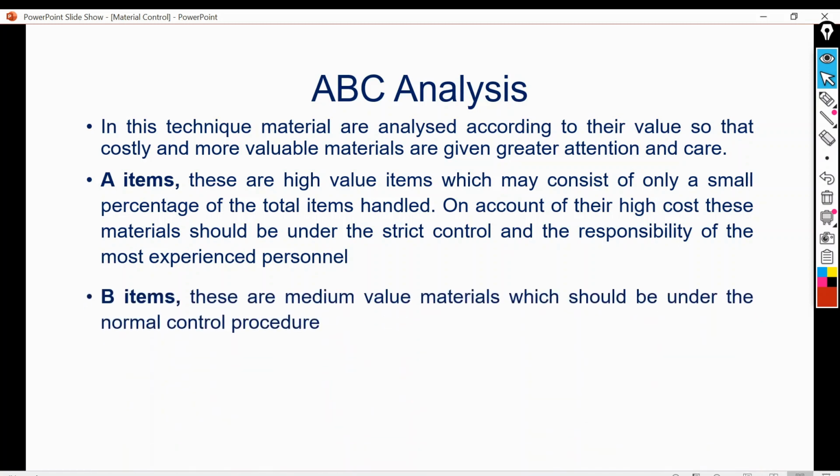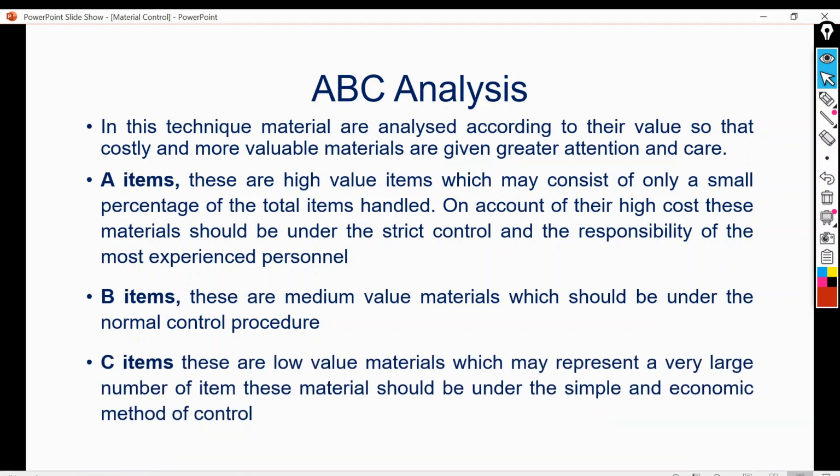B items are medium value material which should be under normal control procedure. And C items are low value material which may represent a very large number of items. These materials should be under a simple and economic method of control.